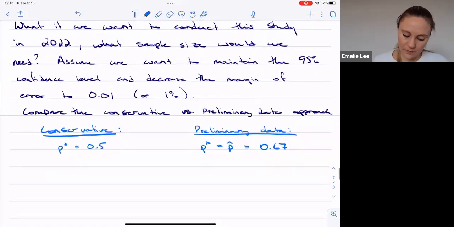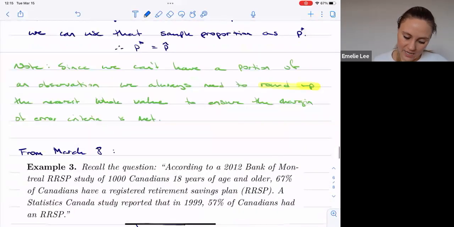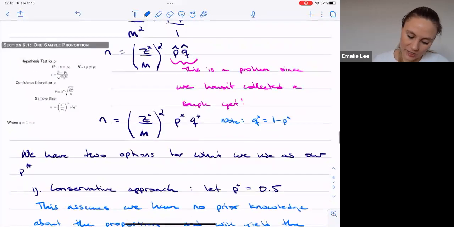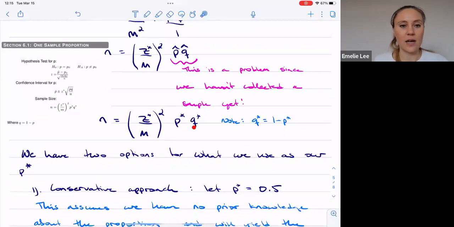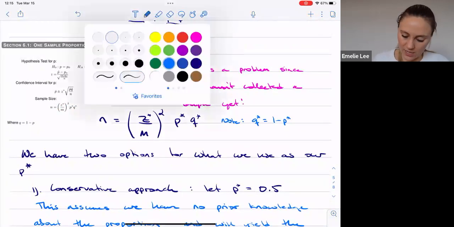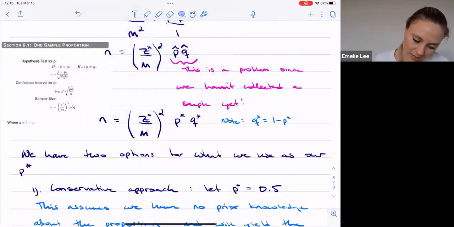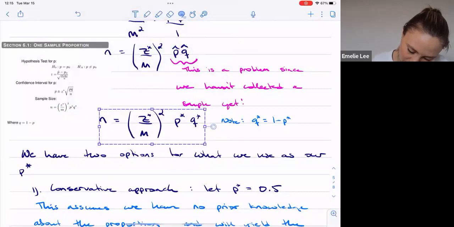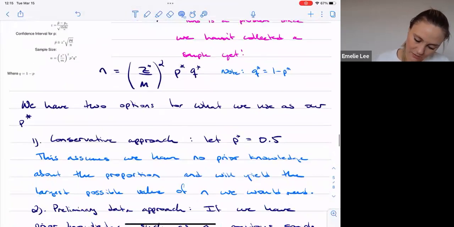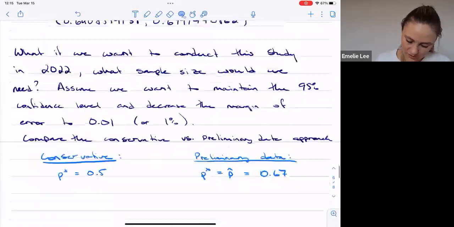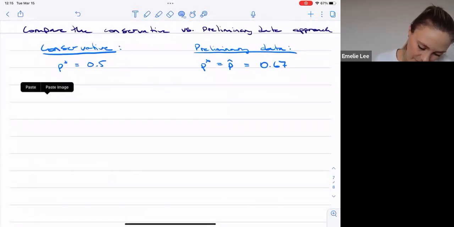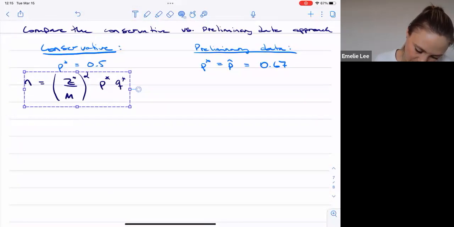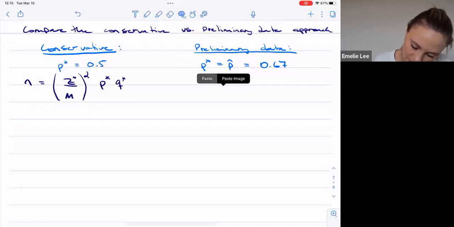So I need my n formula. You have it on your formula sheet, or we can just jot it down again. I am running out of time, so I'm just going to copy this twice. So n and n.